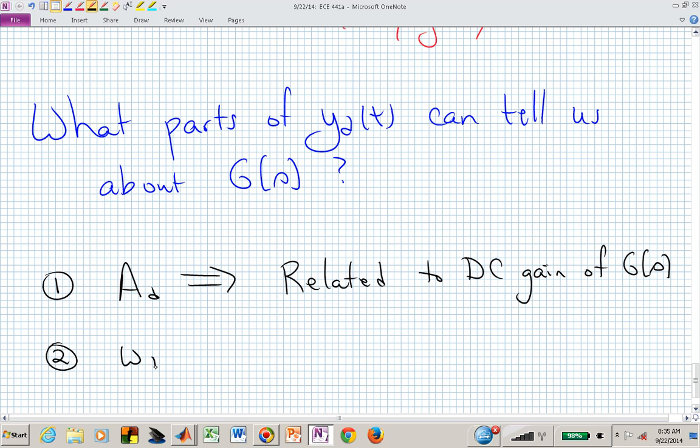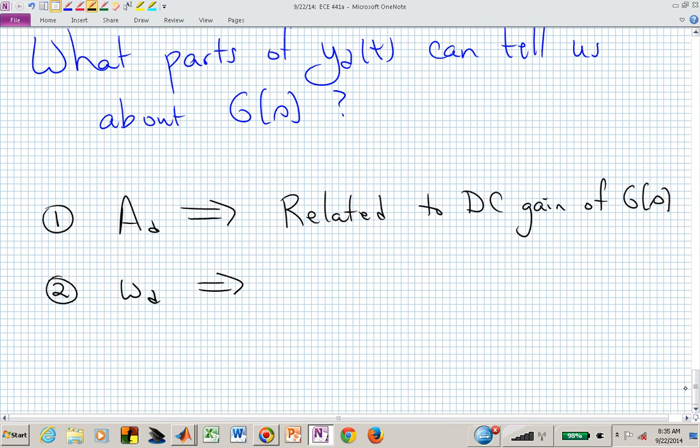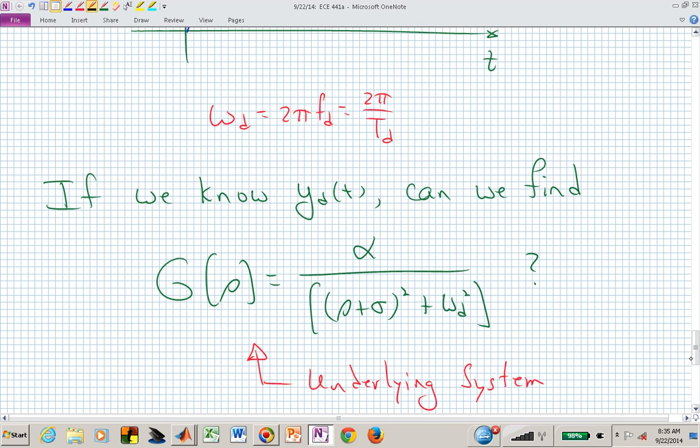What if somebody now measures between those oscillating peaks in your response? What's that going to be related to? If I give you omega sub d, where's that going to be? It's going to be your imaginary part of your poles.